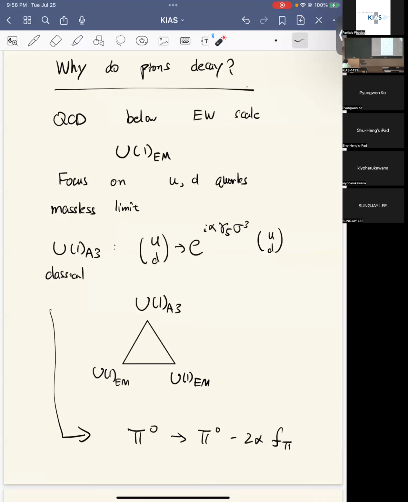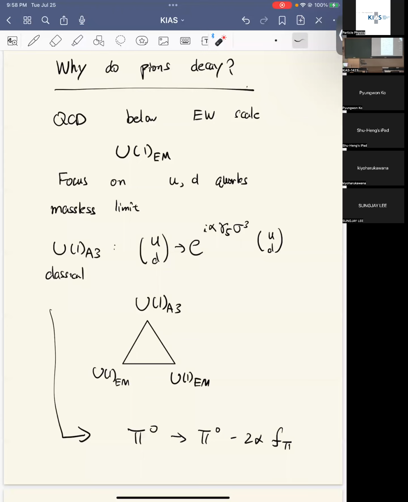This topological interpretation of Edward Witten is based on, yes, the current SU3 being crucial. But in your case, you don't need the strange quark, right?